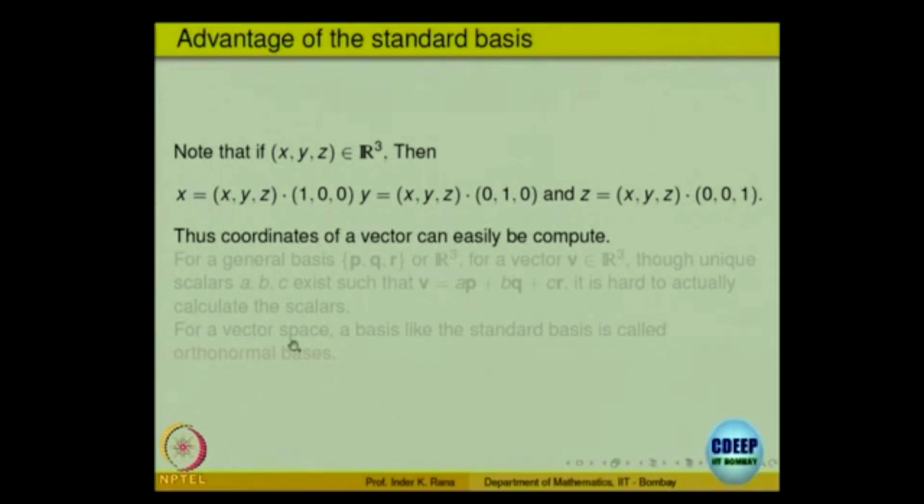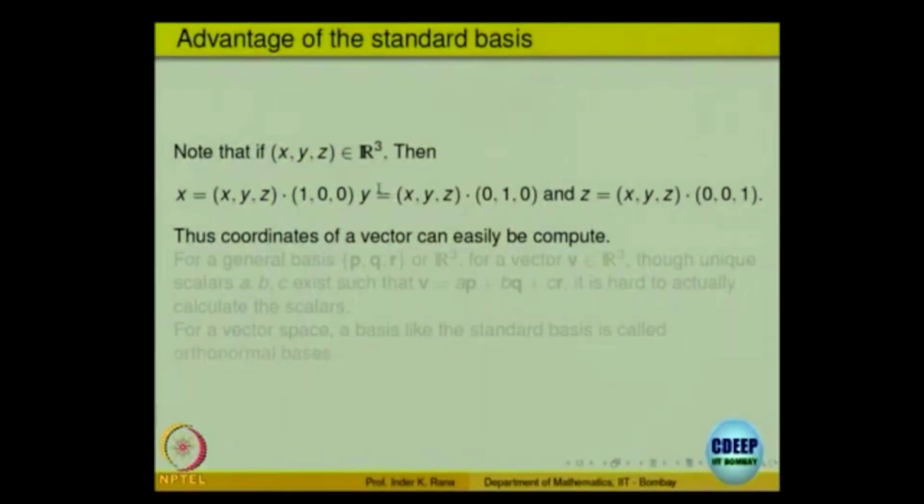For example, if x, y, z is any vector, then its coordinates are simply obtained as follows. What is x? It is the vector dot 1 0 0. What is the component y? The vector dot 0 1 0. And the third one is the vector dot 0 0 1. So if I take the dot product of any vector with each one of them, I get the coordinates of that vector. That is the advantage. Otherwise, how will I get the coordinates if it is a general basis?